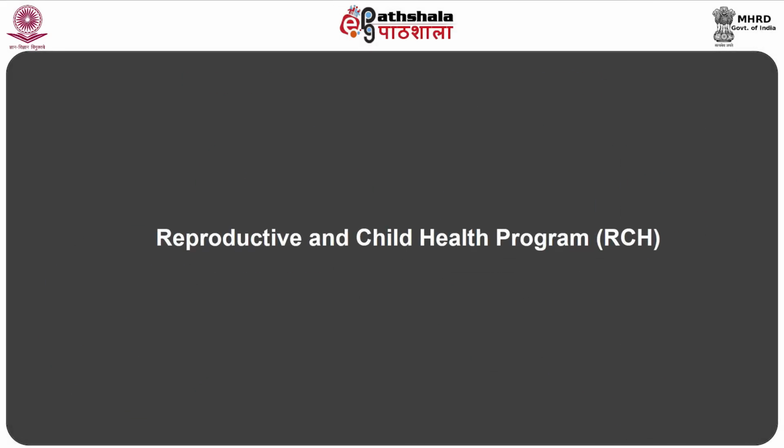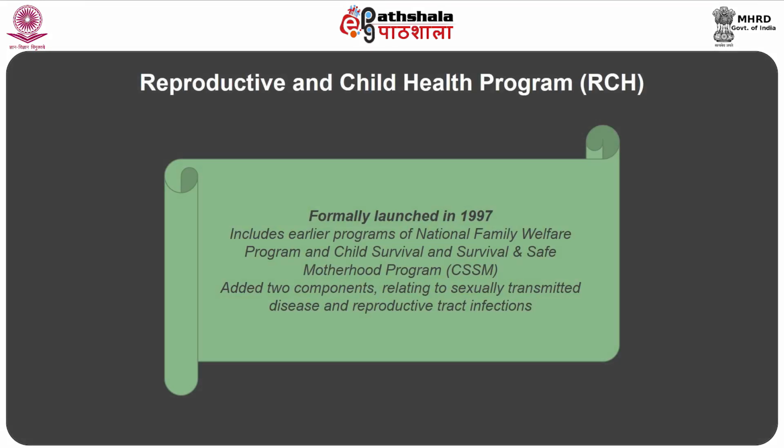Also, emphasis has to be mentioned with regard to the RCH program, the Reproductive and Child Health program, which incorporated the earlier existing programs like the National Family Welfare Program and the Child Survival and Safe Motherhood Program, and added two more components, one relating to sexually transmitted diseases and other reproductive tract infections.